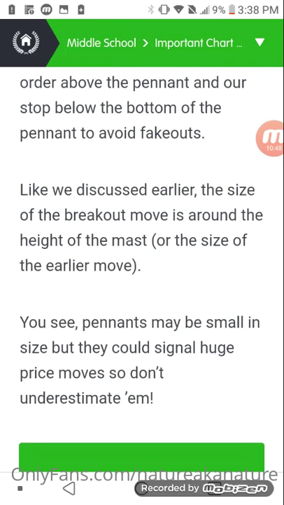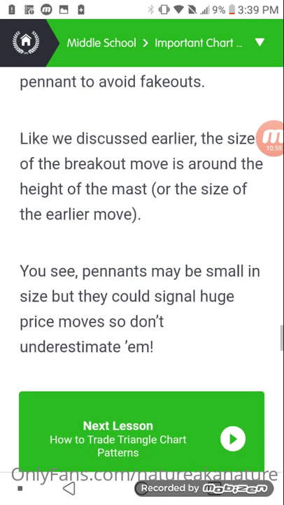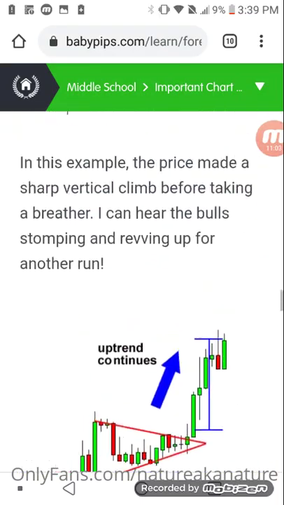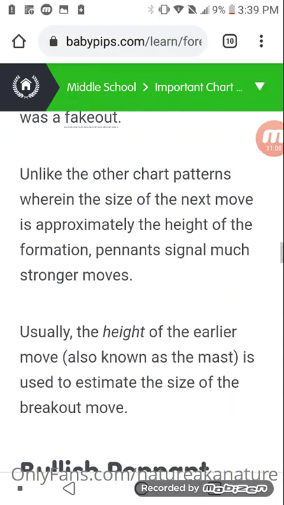You can see the pennant may be small in size, but they are considered huge signals that price wants to move up or down. So don't underestimate them. These are pennants, bullish and bearish pennants.